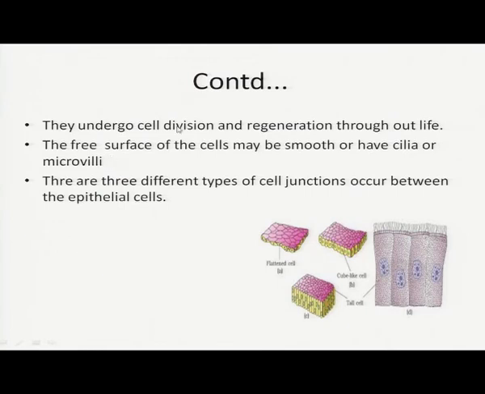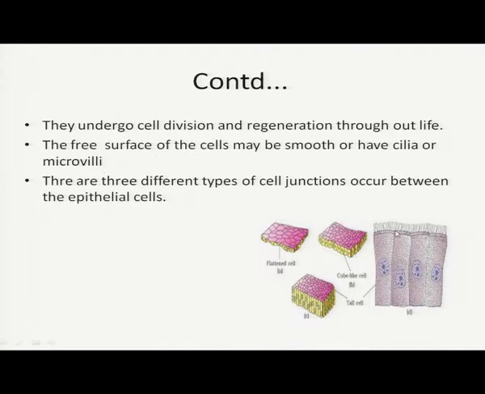They undergo cell division and regeneration throughout their life. The free surface of these epithelial cells may be either smooth, you can see here the diagram, the free surface, it may be smooth, or it have cilia or microvilli.